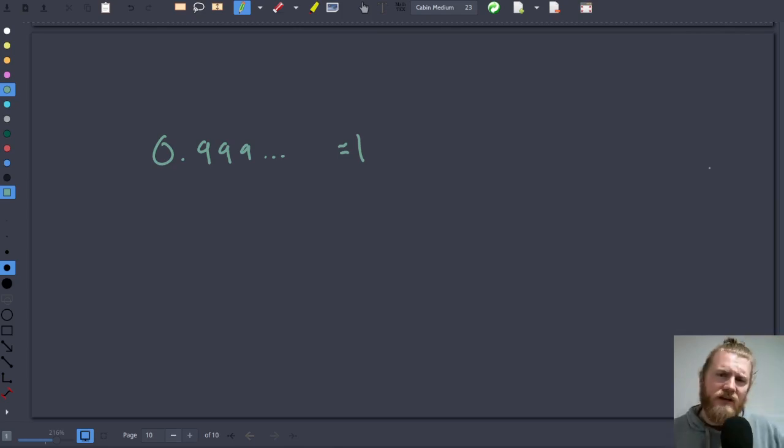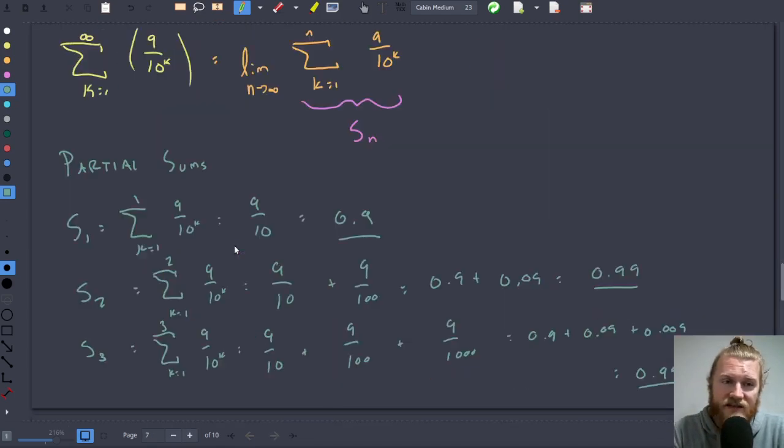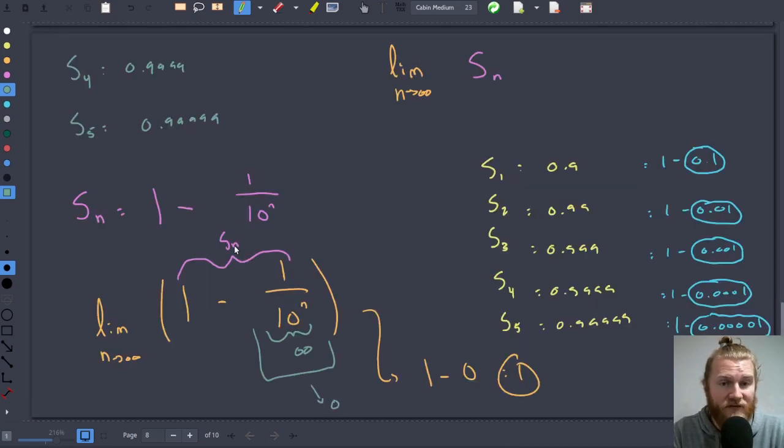What we just showed is that if this really does mean keep tacking on 9s at the end of this decimal forever and ever and ever, then we set up an expression to do that. This infinite sum is exactly a way for us to formalize tacking on 9s at the end of our decimal forever and ever. We keep adding an extra 0.0009 or 0.000009 or whatever.